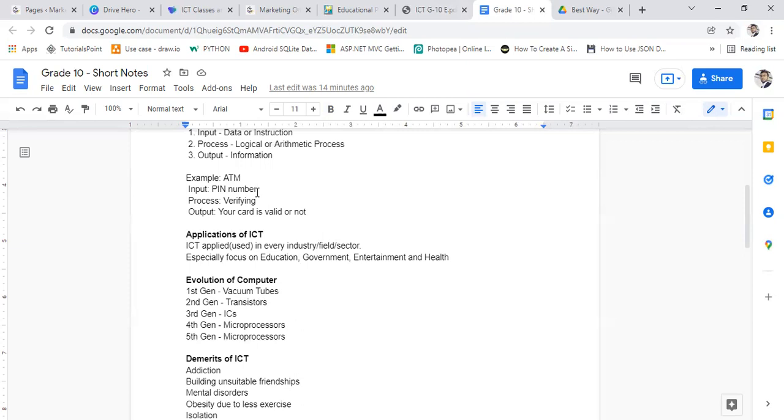So you should know that there should be not just data, but when you consider these ATMs, you will be entering your number. Sometimes in some banks, after entering the number, you have to press the button. So that's actually an instruction: okay, now I have entered the number. You will be instructing the computer or the system.